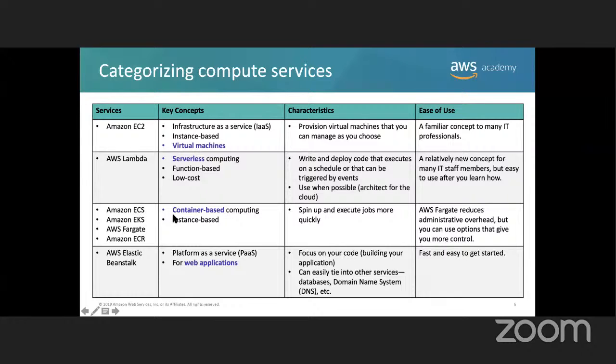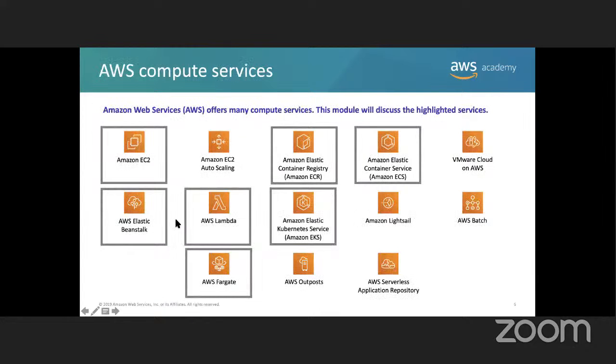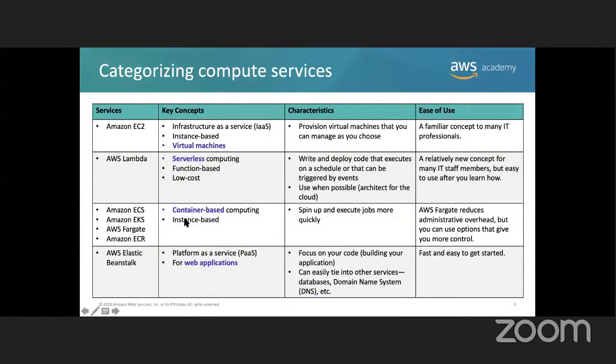Now, Amazon ECS is container-based computing, instance-based. So all of these guys work with containers, but the one that works with instances is ECS, right? Fargate doesn't use any servers because Fargate is serverless.